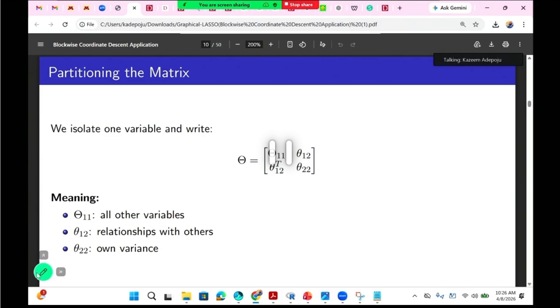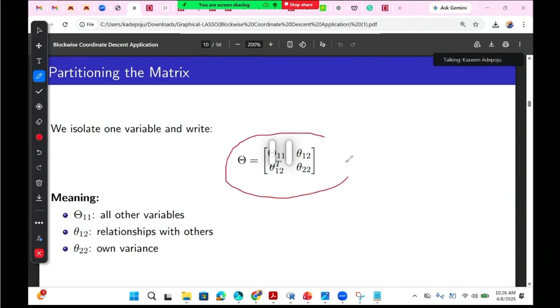Now, it's going to come in this form, where this first one here represents all other variables. You know, I said, if you have 3 variables, you will start with the first, with 1. You're going to look at that versus the rest.